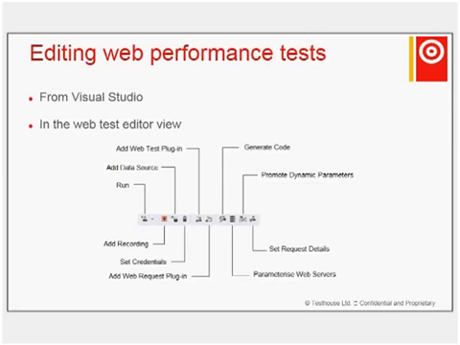You can add in a web request plugin. What that does is allow you to add a custom plugin, or one that you've downloaded from somewhere like Codeplex, for instance, to your web performance test. A web test plugin would be at the web test level, so it would effectively be affecting every single request in the web performance test.